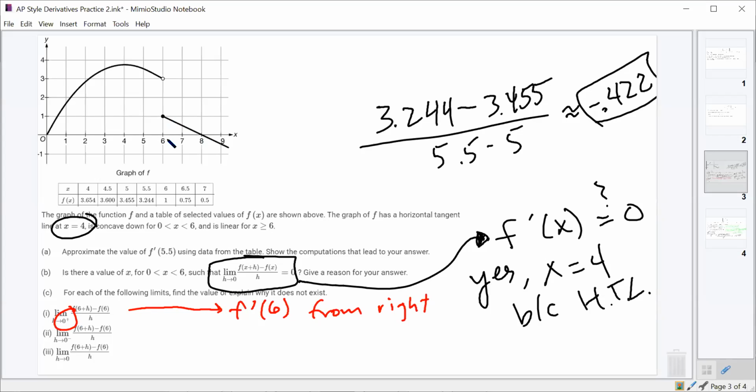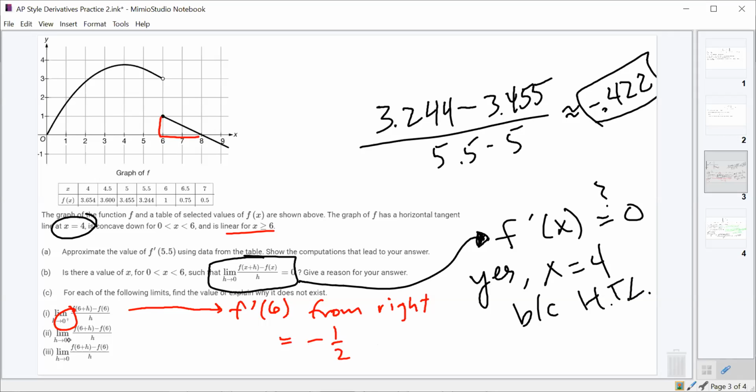What does it look like it is? It's a linear piece, right? It's linear. And so what is that slope? What is the derivative of that? One. Not 1. That slope is negative 1/2. Negative 1/2. Yeah, good.